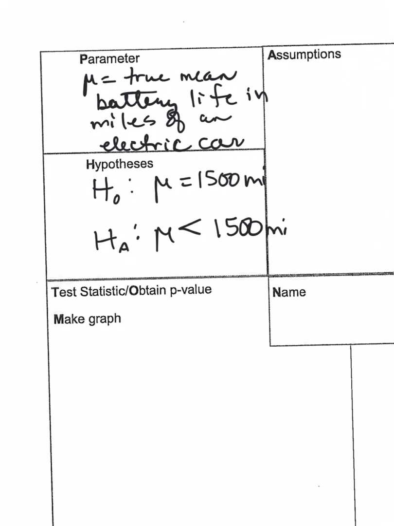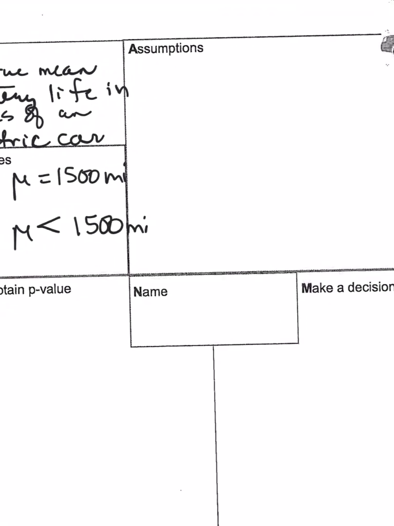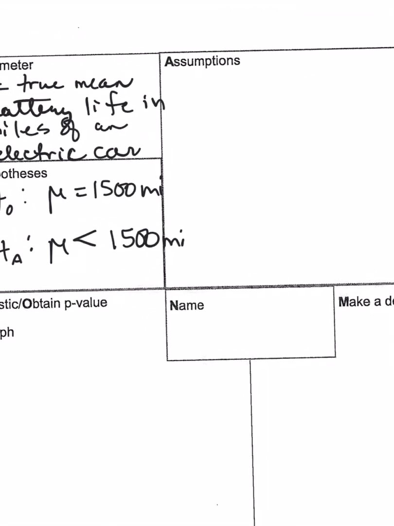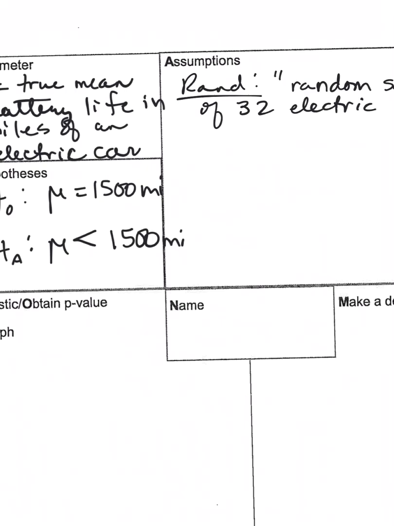So now let's talk assumptions. What are my assumptions? Random. Okay, so for random, what did it say? Yep, of 32 electric cars. Independent. We can what?